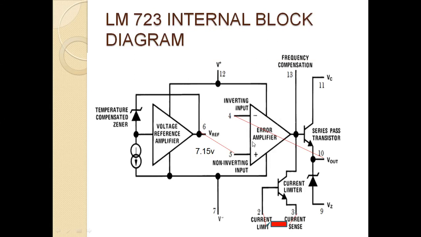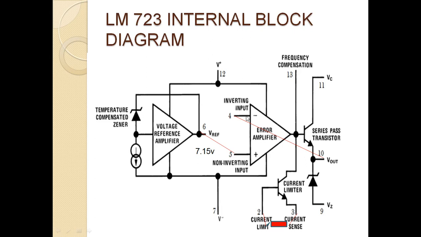This is the second section of the block diagram, the error amplifier, which is nothing but a comparator. It compares two input signals: the reference voltage of 7.15 volt is given to the non-inverting input and the output voltage is given to the inverting input.